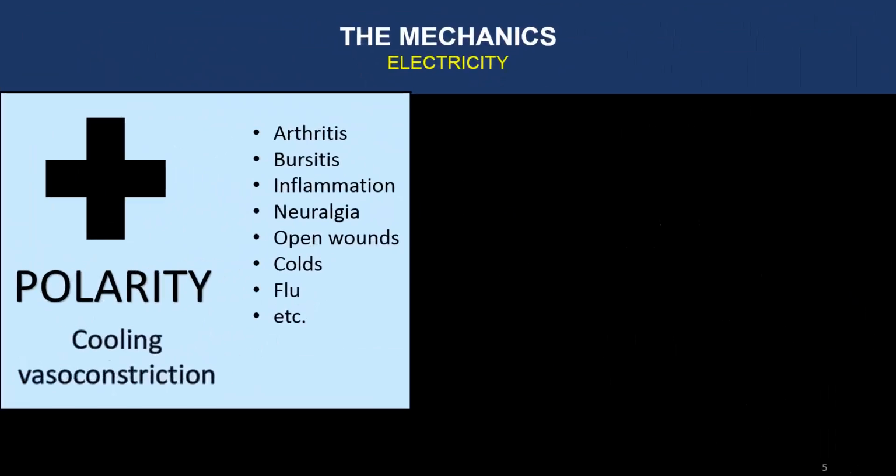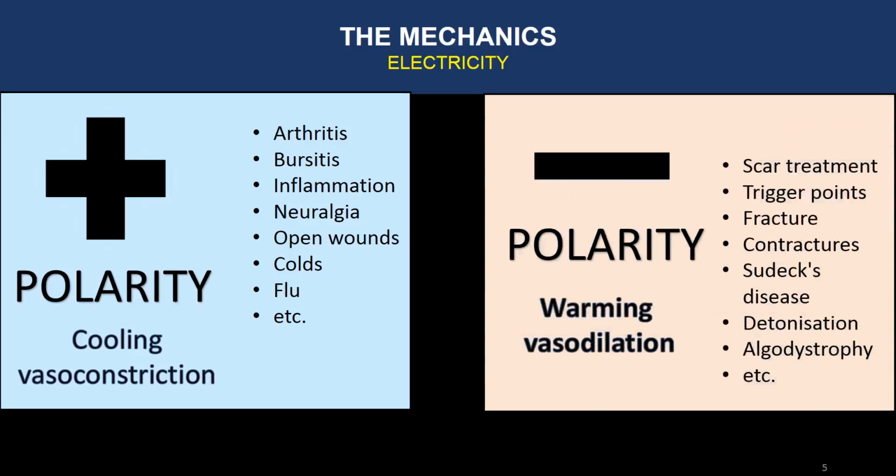Now we talk about polarity. There are positive and negative polarities. A positive polarity has a cooling effect, so it is used for arthritis, inflammation, and hypermetabolic situations. A negative polarity has a warming effect and is used for hypometabolic situations.